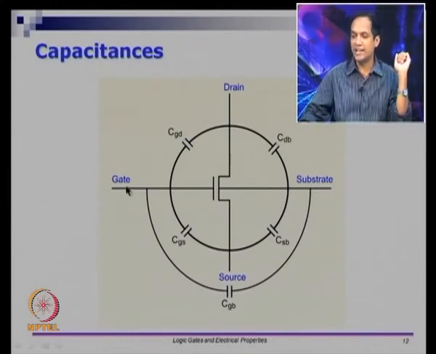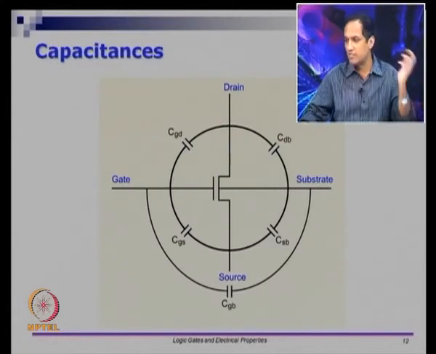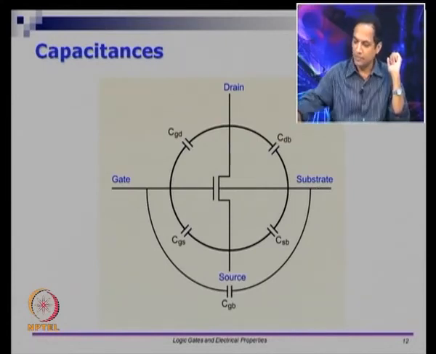So between drain and gate there is a gate to drain capacitance, between the drain and substrate there is drain to substrate capacitance, between the gate and source there is a gate to source capacitance, similarly between the source and substrate there is a source to substrate capacitance, and finally between the gate and substrate there is something called a gate to substrate capacitance. So all these are capacitances that are built up because of the way the devices are manufactured.